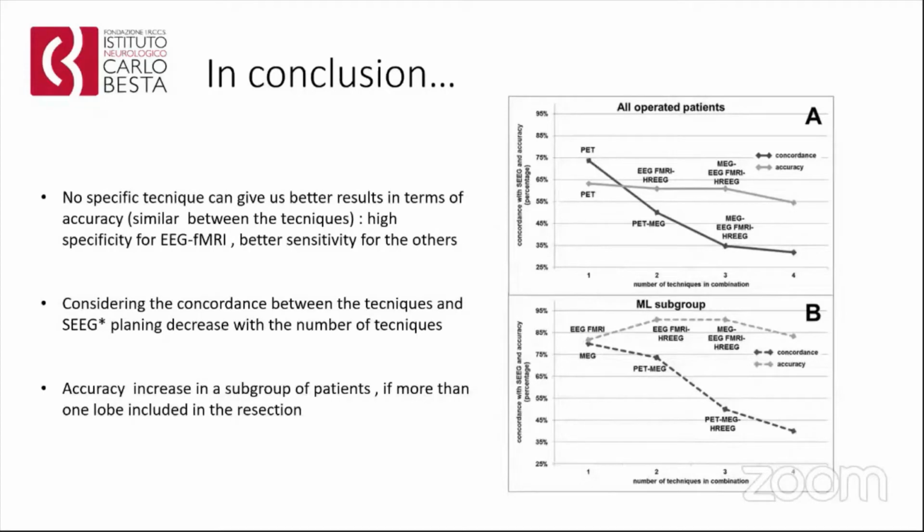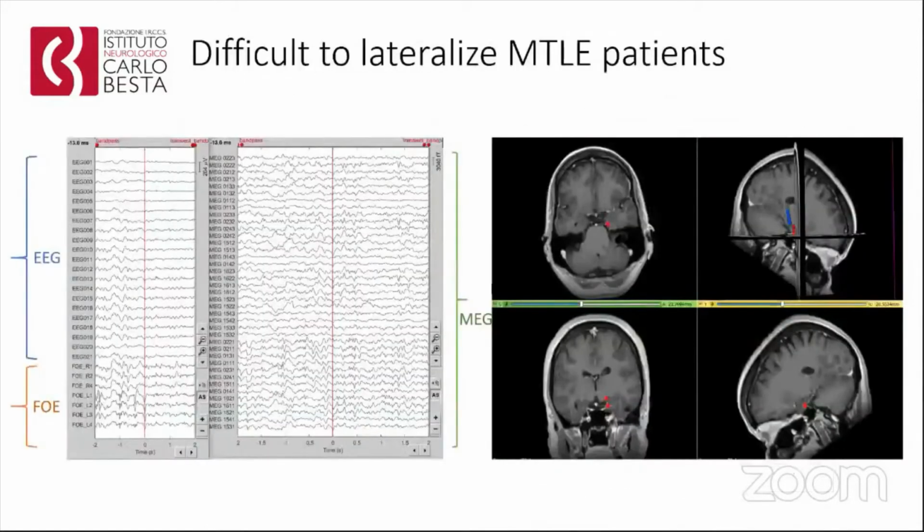And this is what we studied in the DESIRE project. Now we are very interested in the second group, the mesial temporal lobe epilepsies. In this case, it is very specific because they are very difficult to lateralize, because EEG and MEG have difficulties finding the affected lobe.